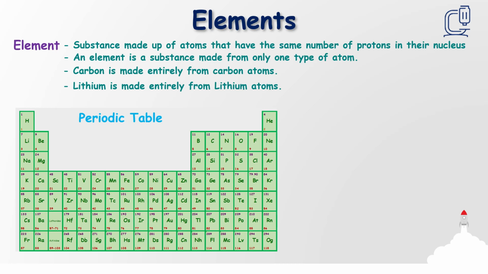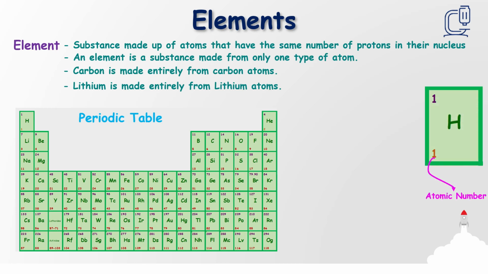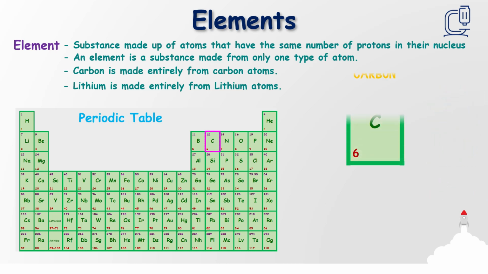For example, if we take a look at hydrogen, the lower number on hydrogen is called the atomic number, and it is unique to that element, and it represents the number of protons in the atoms of that element. And any atom with that number of protons within it must be that element. Atoms of the same element have the same number of protons, and therefore have the same atomic number. Let's take another example. Carbon. It has an atomic number of 6.